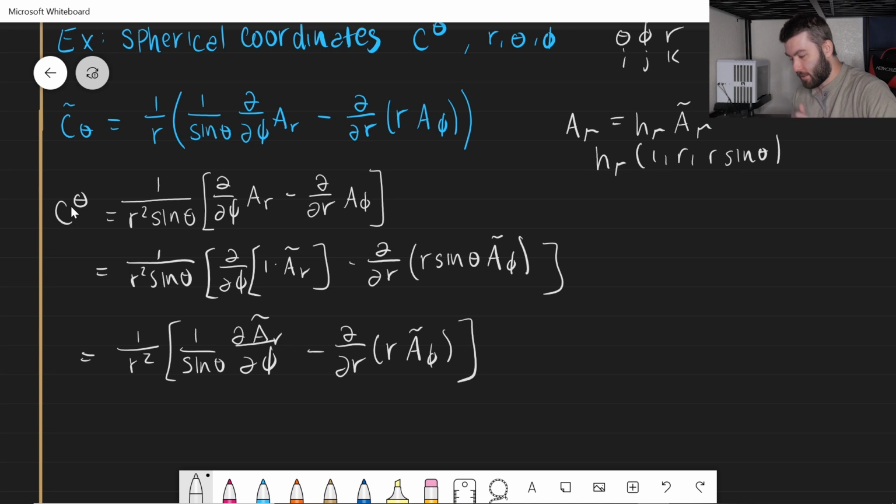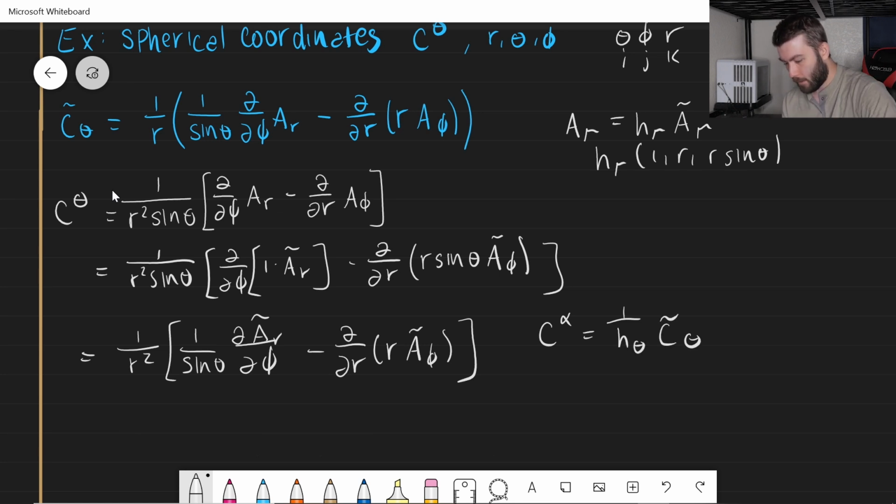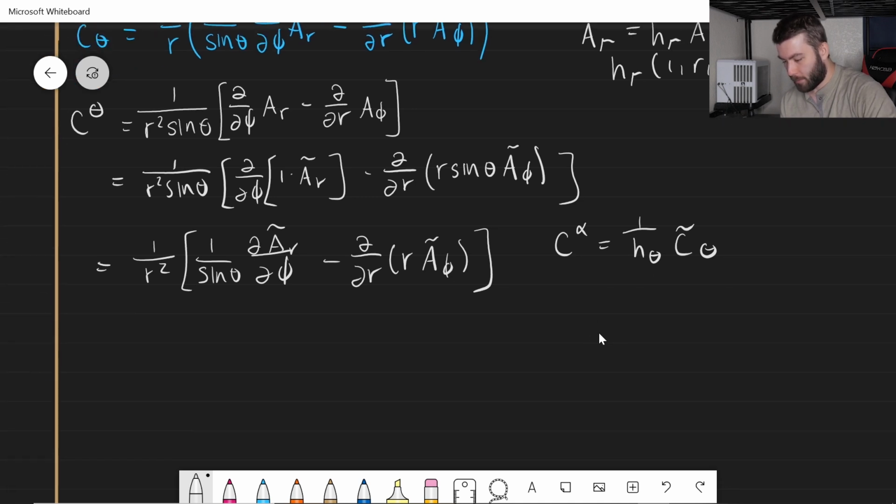Now we're looking at c sub theta, so we know c theta, this is a contravariant vector, c theta should be equal to 1 over h theta times the ordinary vector. So if we multiply what we just got here by h theta, we should get our ordinary vector. So h theta is equal to r.